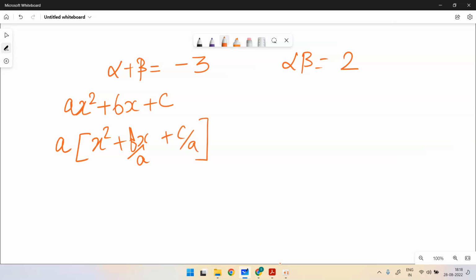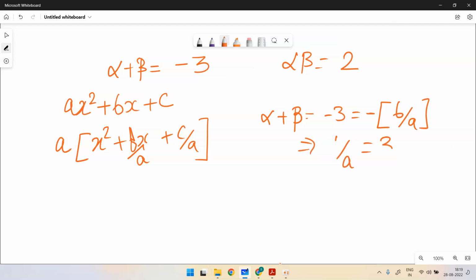From here, alpha plus beta is minus 3, equals minus of b by a, which implies that b by a equals 3. And alpha beta is 2, equals the constant term c upon the coefficient a, which implies that c by a is equal to 2.